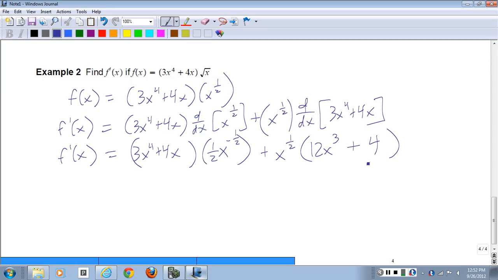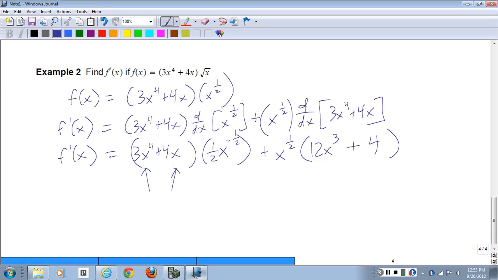If we could just leave the final answer like that, then that would be nice enough. But there's simplifying to do. There'll be combining of like terms to do. In fact, I'm thinking it would be appropriate to factor out a common factor. I see a common factor of x there and there.